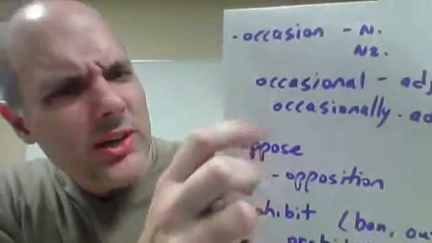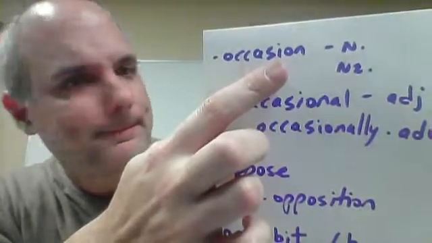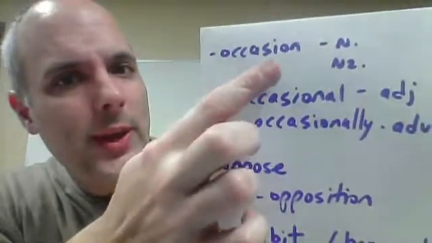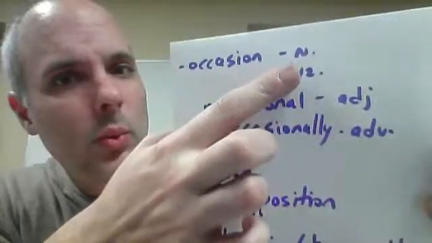Occasion. And I should talk to you about spelling, okay? Many students put S here. Just 2 C's and an S, okay? Occasion. Now, occasion can mean 2 things. One is just like an event, like it's something that happens, okay? So like a time or something like that, okay?